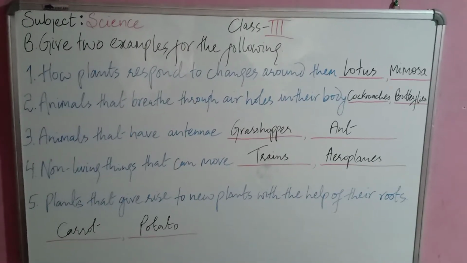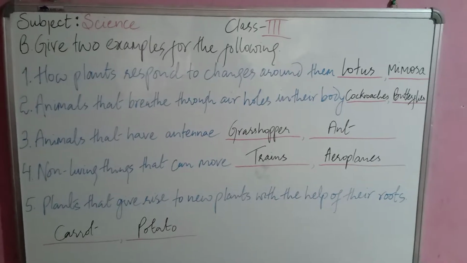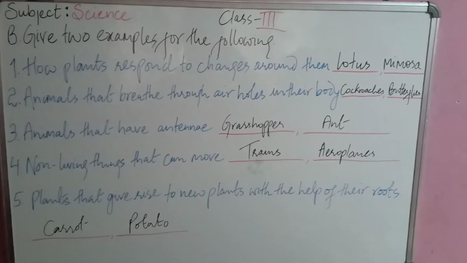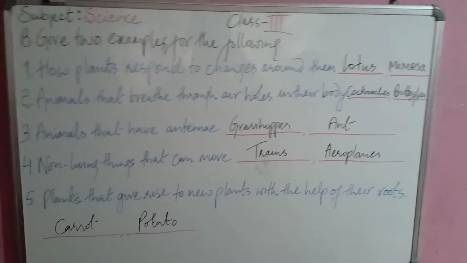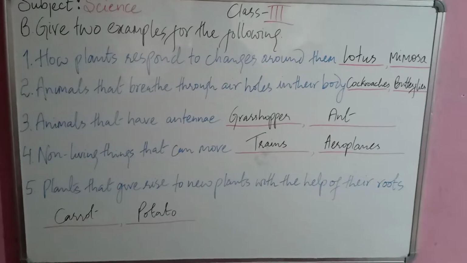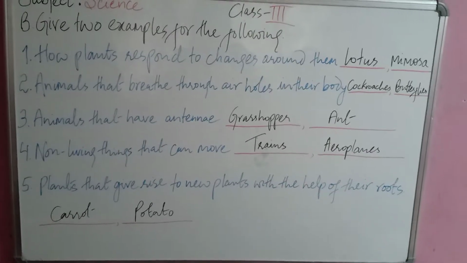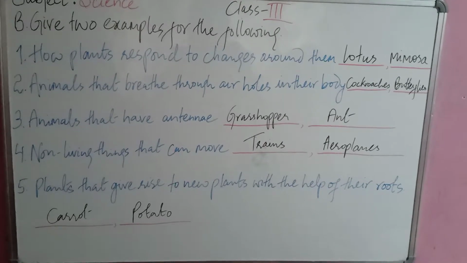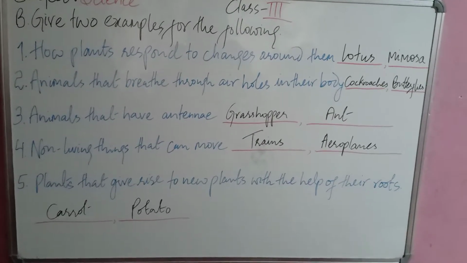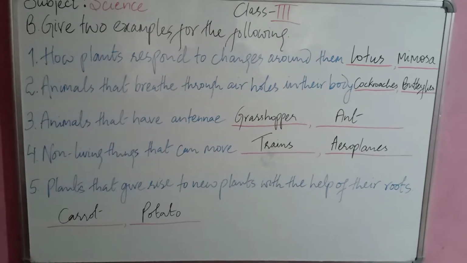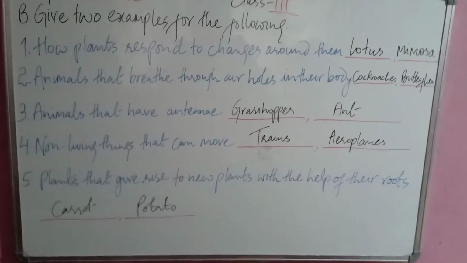Then plants like mimosa, touch me not, feel a touch. So though I have not written here the answer for question number 1, you have to write like this: plants like lotus flower open out at sunrise and close at night. And for mimosa, you write plants like mimosa, touch me not, feel a touch.